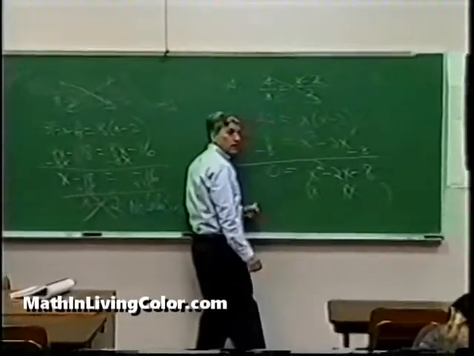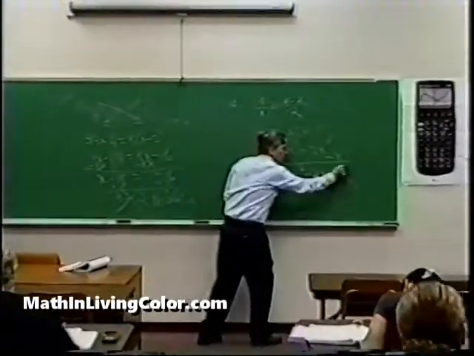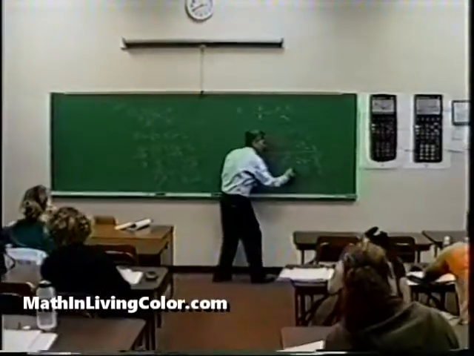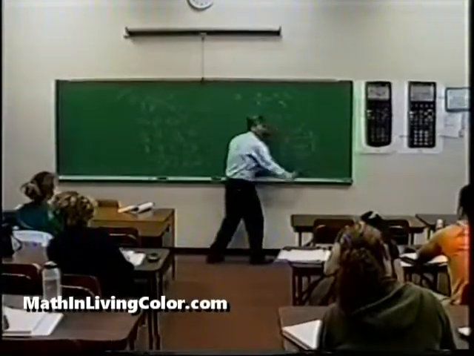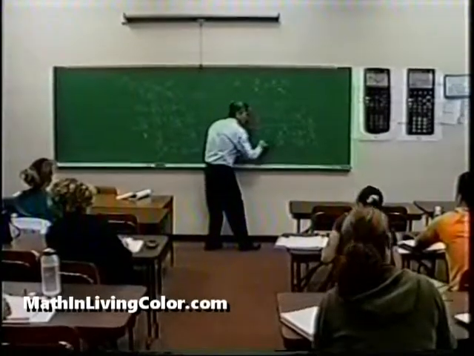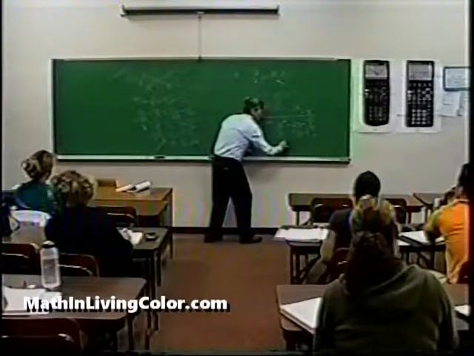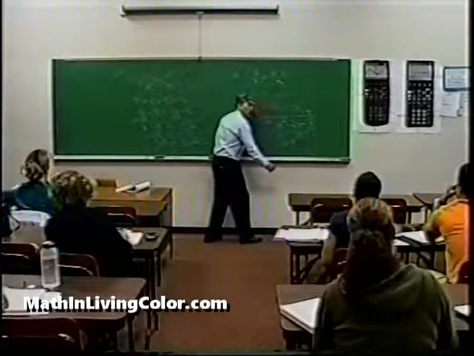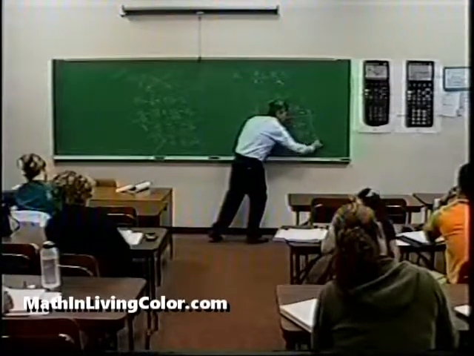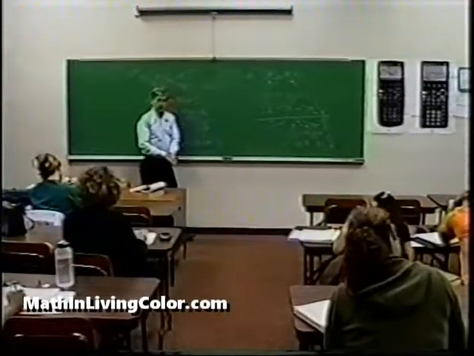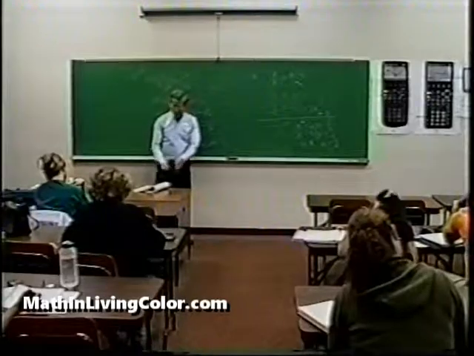Two numbers whose product is 8 would be 4 times 2. We'll make it x minus 4 and x plus 2 equal to 0. And what's the final answer now? X equals 4 and x equals negative 2. Any questions on that? All right.